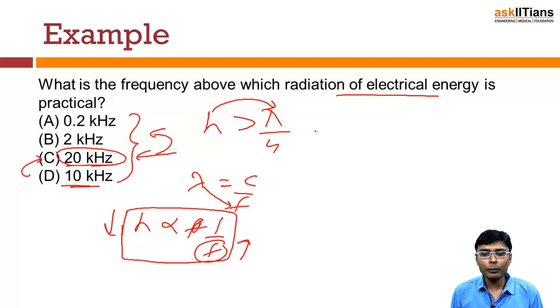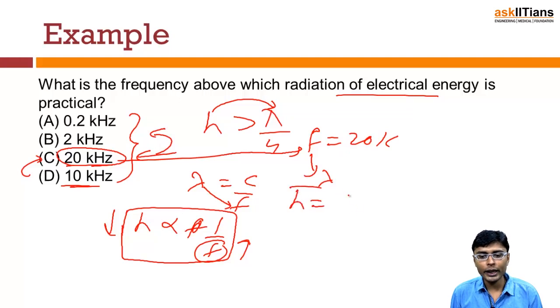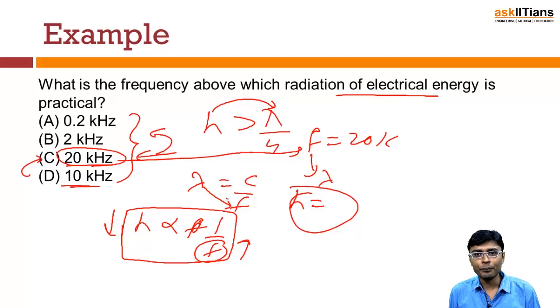You can also verify this: we are given the frequency is 20 kilohertz, so find the wavelength from here and then find the height. We want it to be less than 1 kilometer, around 200, 300 meter, or 500 meters is sufficient. So you can easily calculate from there, but directly I can say that the answer is option C.